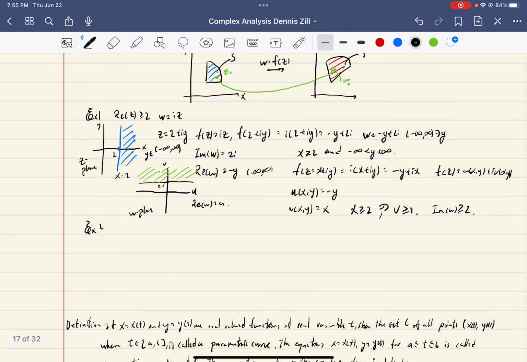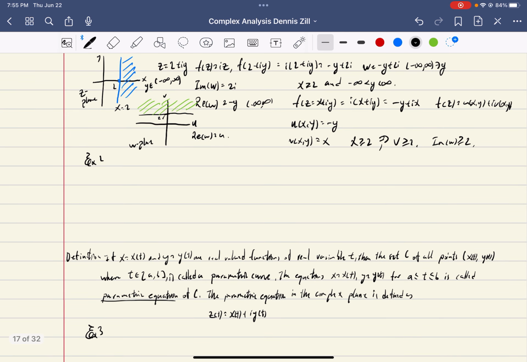Now example 2, image of a line under w equal to z squared. So that is w equal to z squared, right? And we let C be the set of points on the vertical line x equal to 1, right?